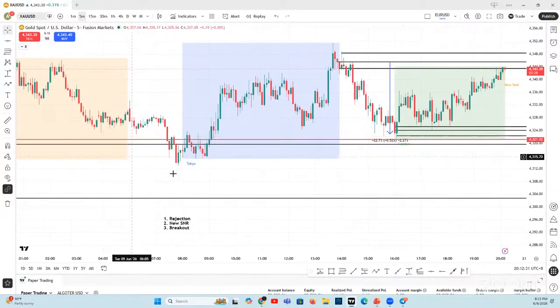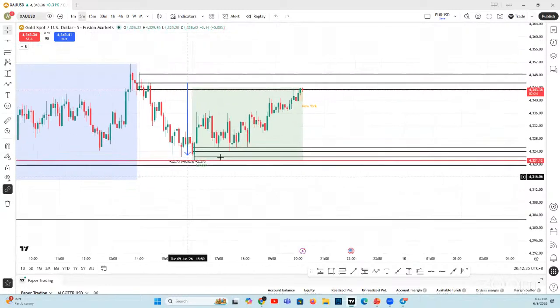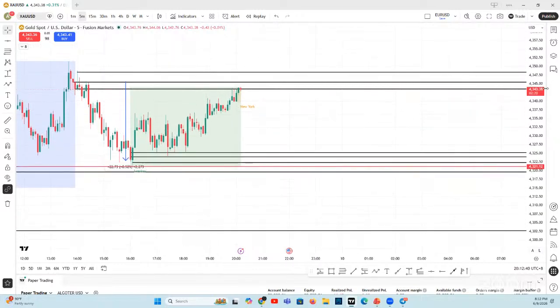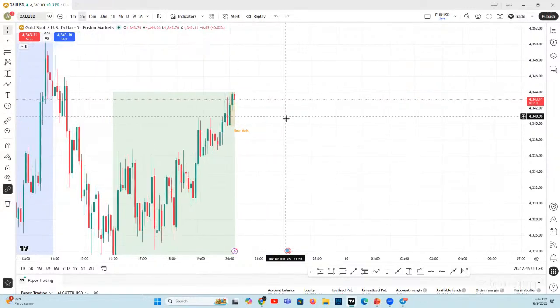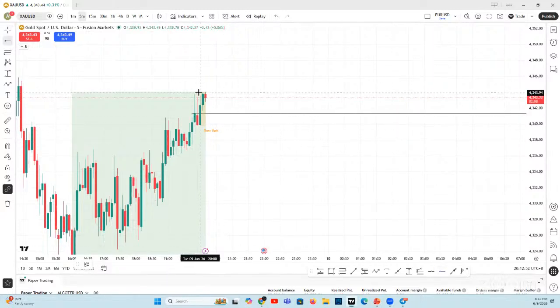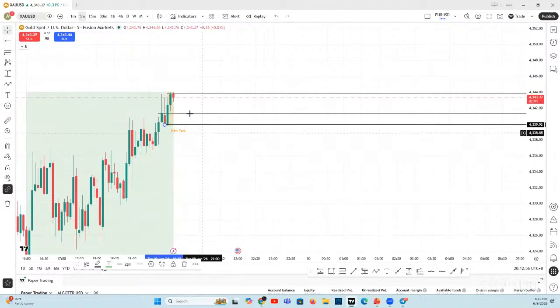In the morning, in Asia, between London and Asia, during London, and now maybe in New York, you will find something. So let's see New York's price action. Let's remove this. This looks like a QM: shoulder, head, neckline.